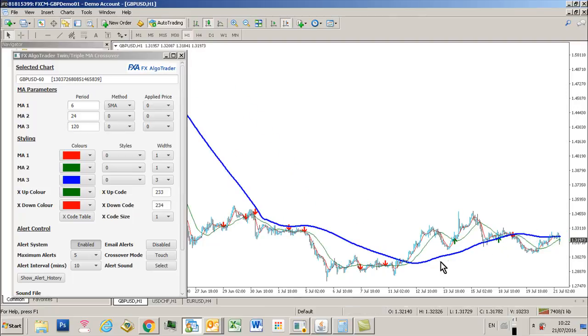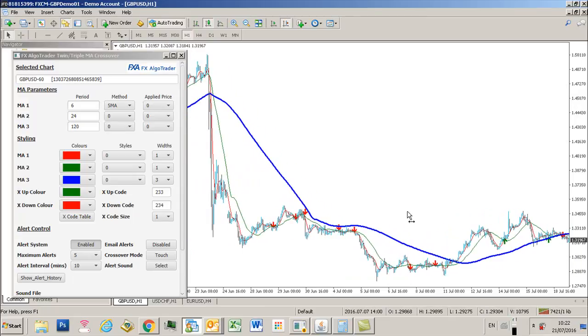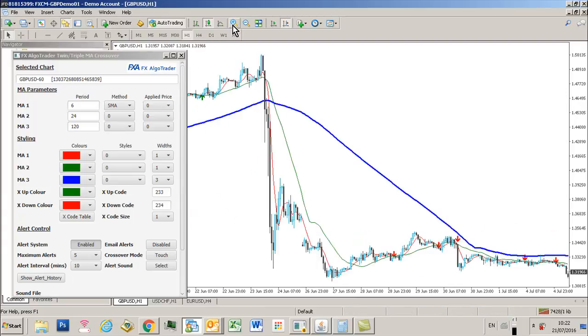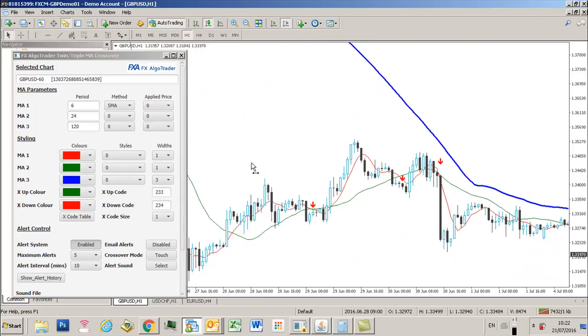In places where the long-term moving average starts to flatten, this indicates range-bound conditions, and you don't really want to be taking trades where the market becomes range-bound. But where you've got a decent gradient on your moving average, that's better. Let's zoom in a little bit and have a look at these signals.